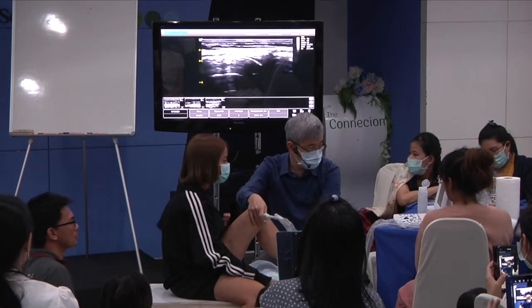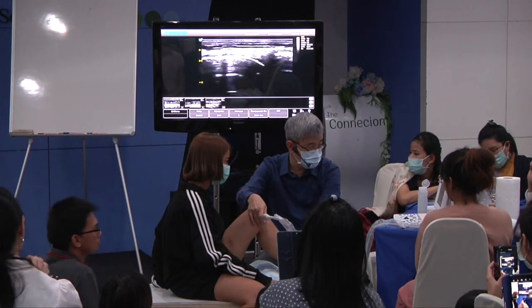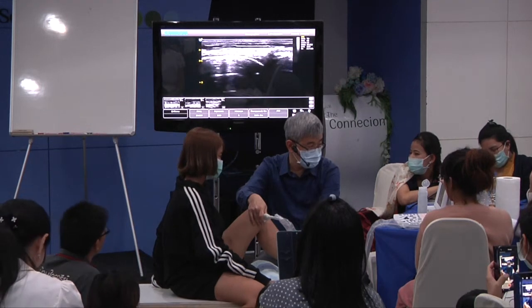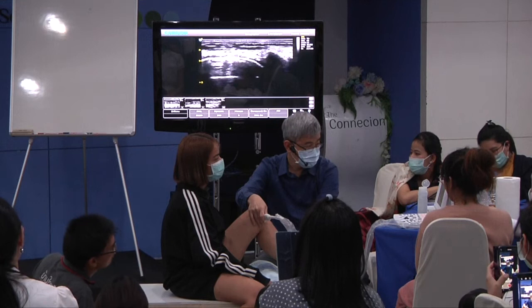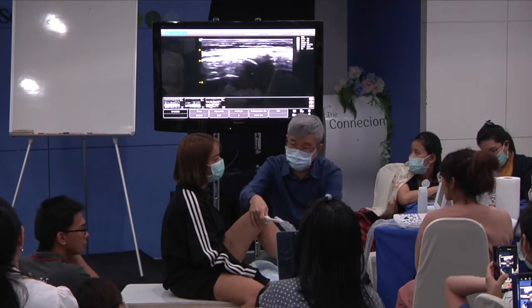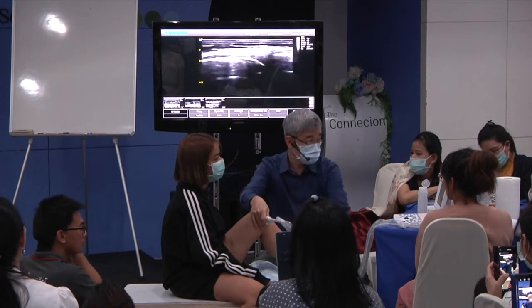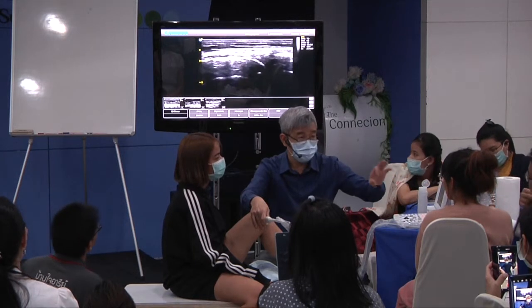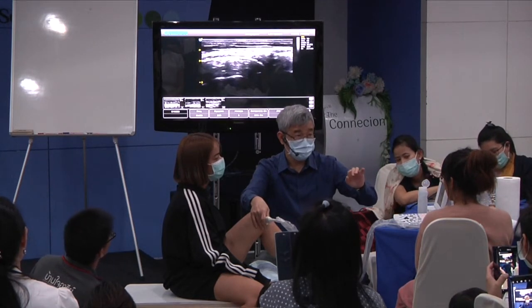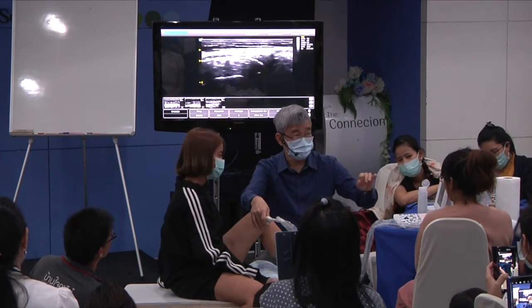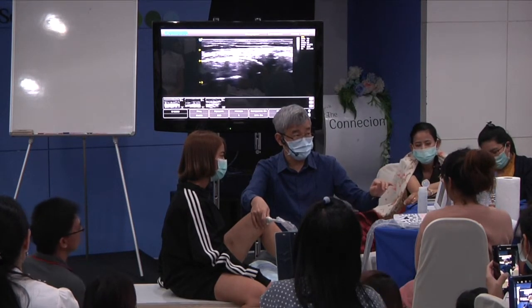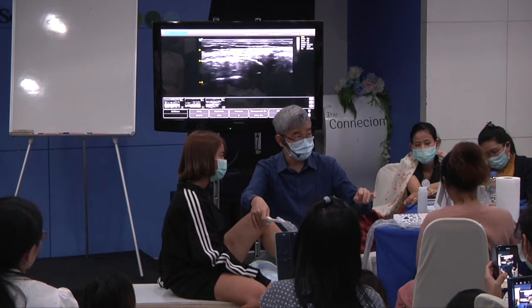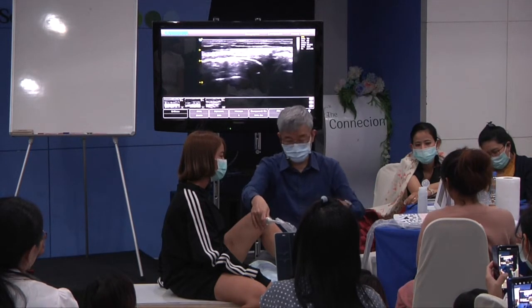When we check the mobility of the medial meniscus, we use external rotation. If there is a separation of the triangle shape, that means a tear of the outer ring of the medial meniscus or dislocation.